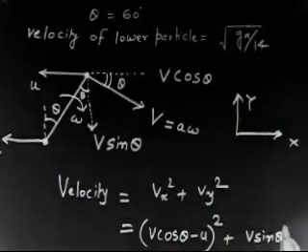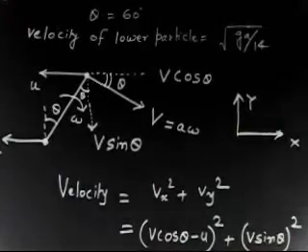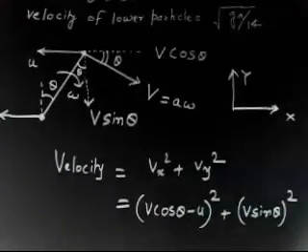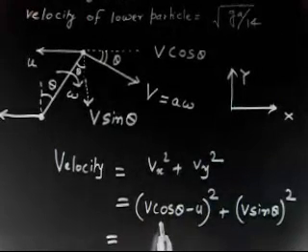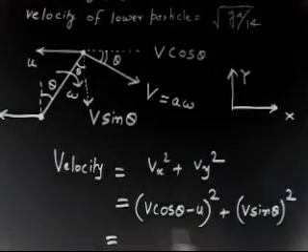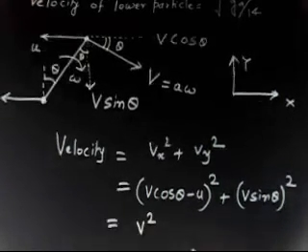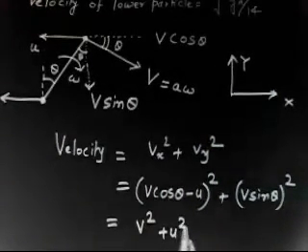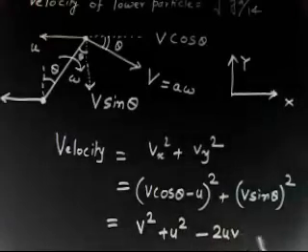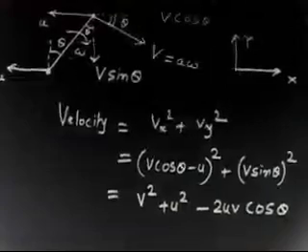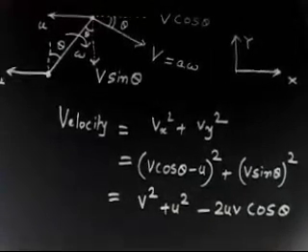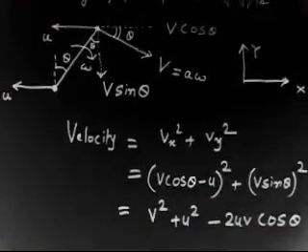So this is V square plus u square minus 2uV cos theta, and this is my resultant velocity.